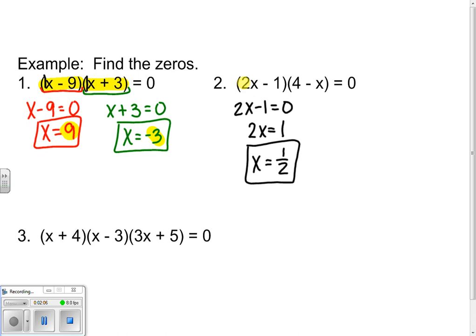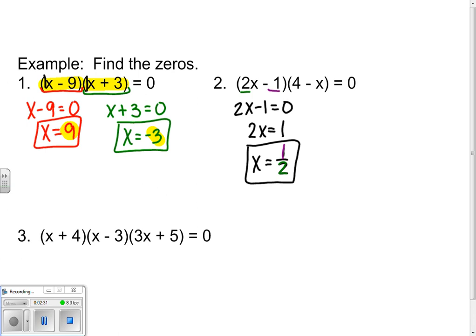I always remember the shortcut on that one is the constant over the coefficient. Looking at that factor again, the constant is 1 and the coefficient is 2. So it's 1/2 positive, because the opposite sign still takes effect.